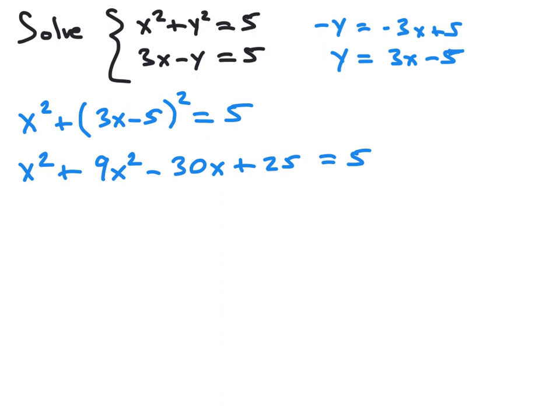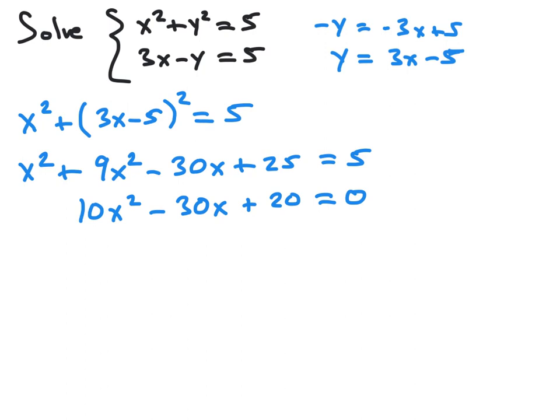We're now going to solve this quadratic equation by simplifying. So we have x squared plus 9x squared is 10x squared minus 30x. And subtracting 5 from both sides yields plus 20 equal to 0. At this point, we notice all the numbers on the left-hand side of our equation, all those coefficients, are divisible by 10.